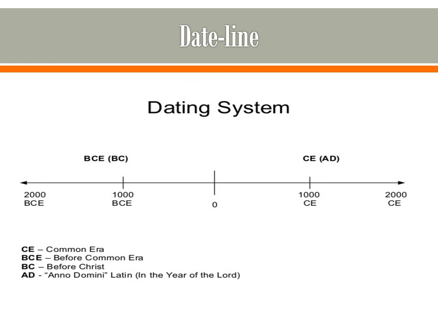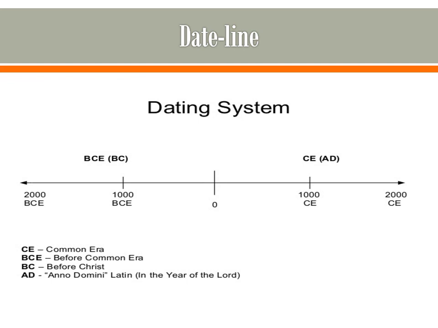So 0 is the year of birth of Jesus Christ, and CE, that is current era, or Anno Domini, is years after the birth of Jesus Christ, that is the current one.